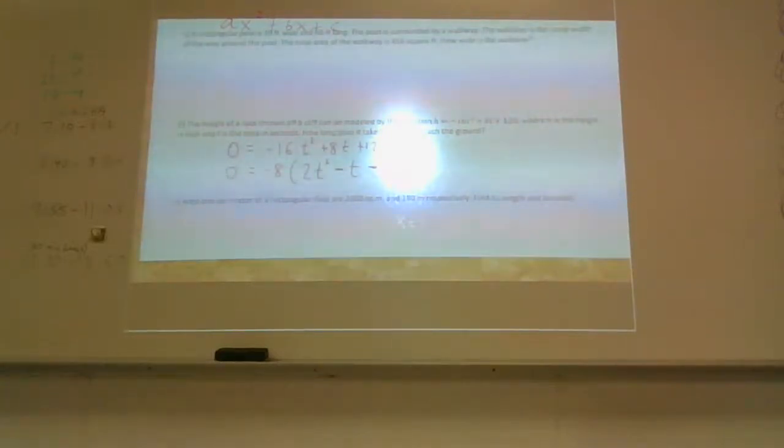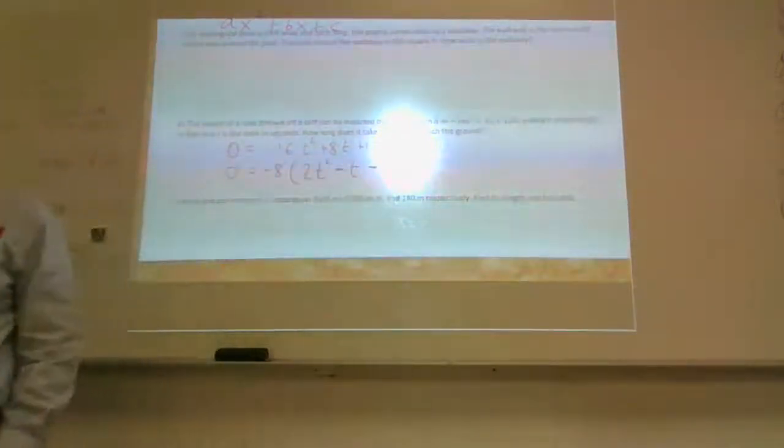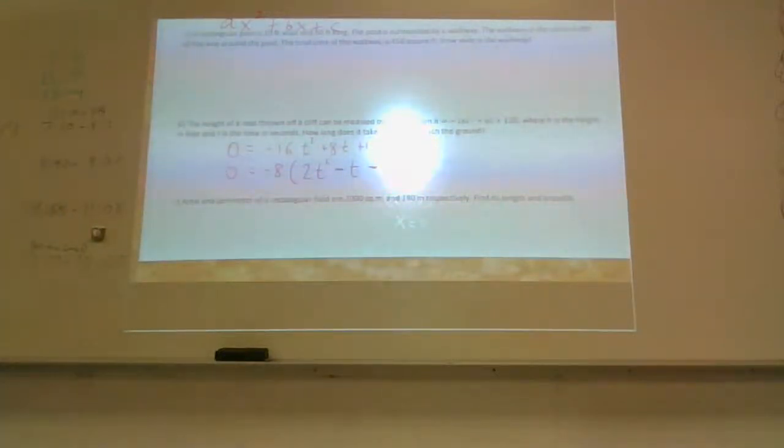The negative 16t squared is now positive. The plus 8t is negative and the plus 120 is negative. You need that to happen. You want your A value to be positive. If your A value is positive, it makes your life a quadrillion times easier.